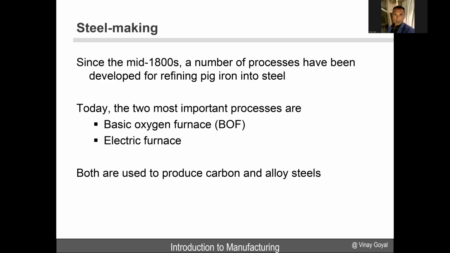Steel making has been around for a long time, since the mid 1800s, and there have been a number of processes developed for making steel. The two most important processes are the basic oxygen furnace, BOF, or the electric furnace. Both are used to produce carbon and alloy steel. So both are used quite a bit.